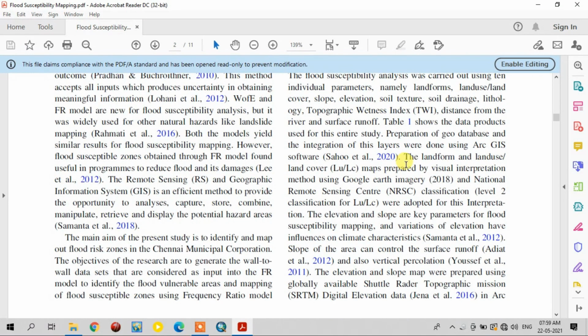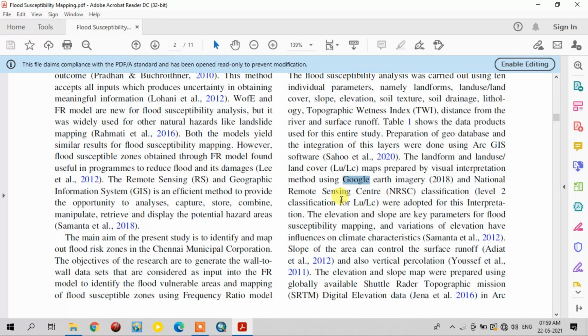Okay. First of all, the landform and land use land cover maps. These are prepared using the visual interpretation method. The land use land cover uses Google Earth imagery and the National Remote Sensing Centre classification.